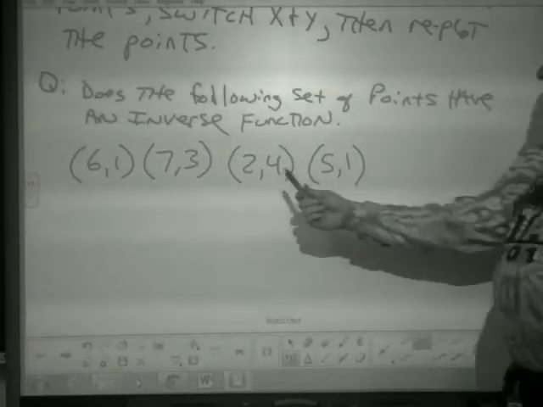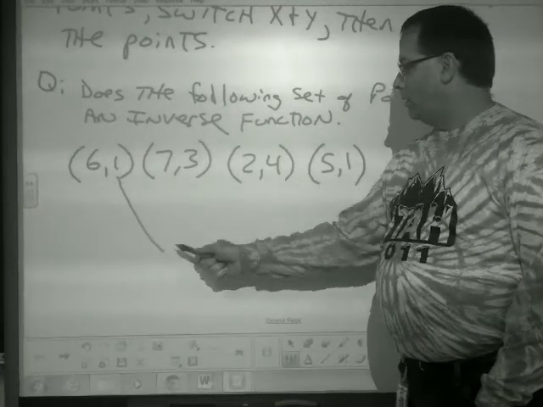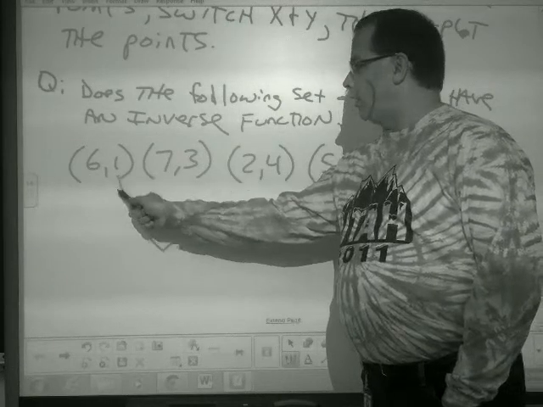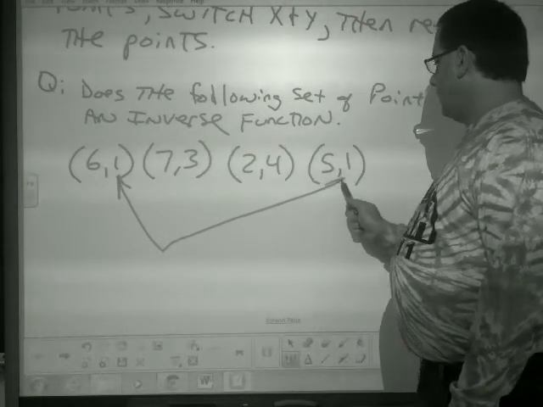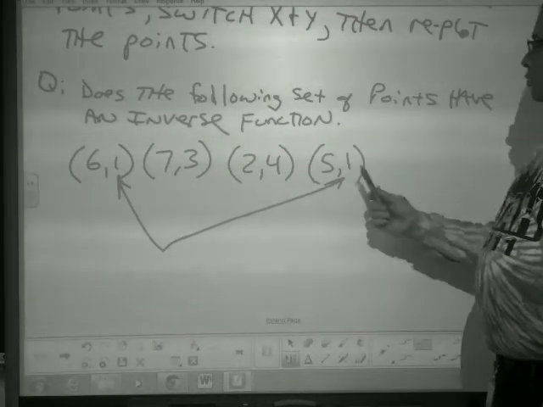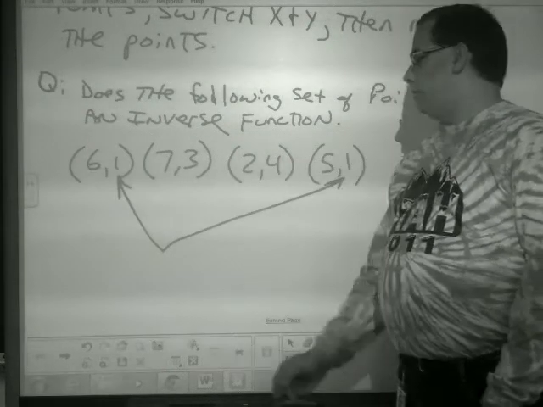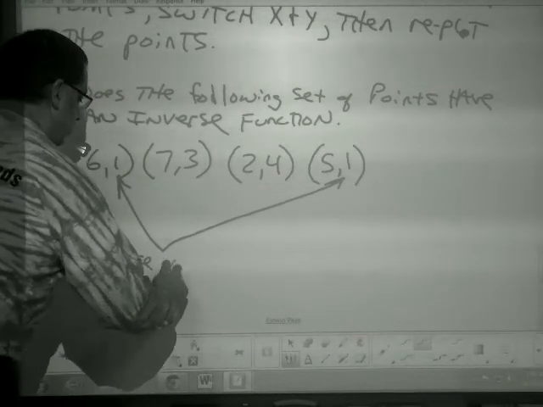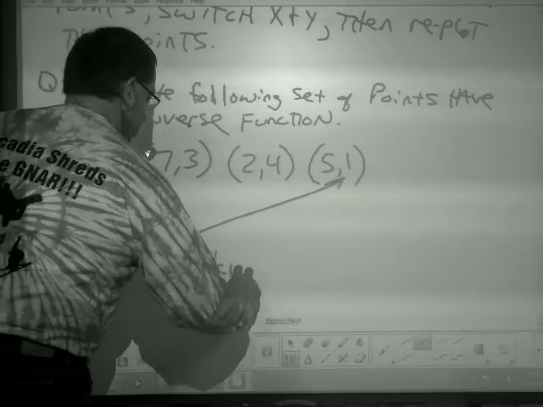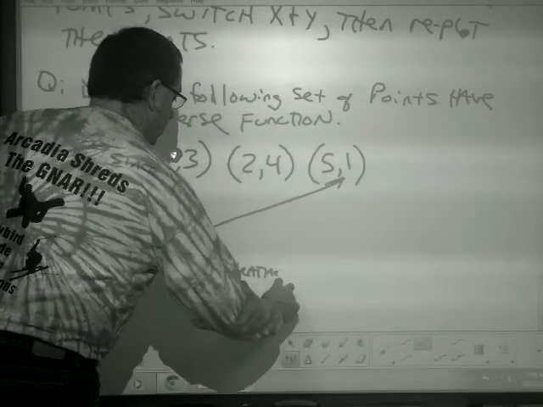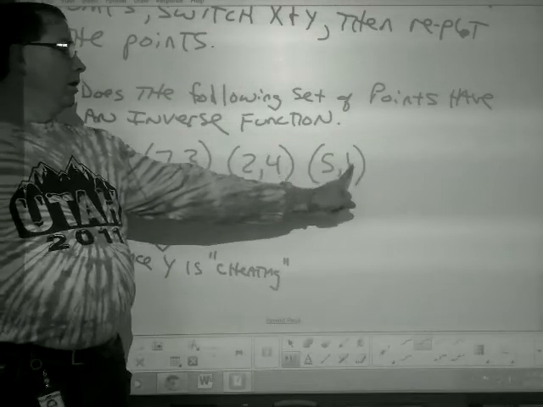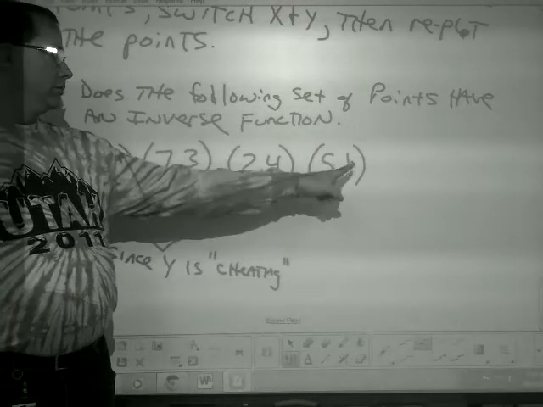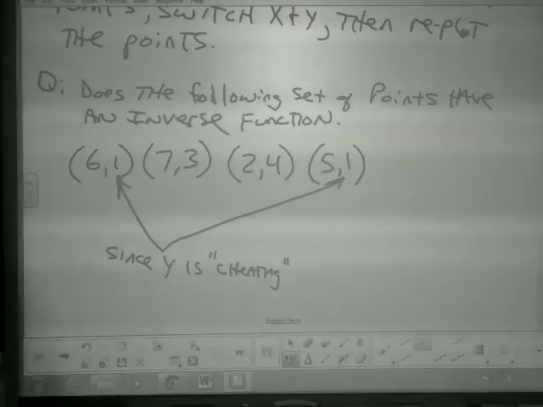Well, I see y is 1 here, and I also see y being 1 here. If y is 1, what x did it come from? You can't tell me, because it might be 5 or it might be 6. Since y is cheating, in other words, my y does not come from a unique x. When it's 1, it could come from either 5 or 6.